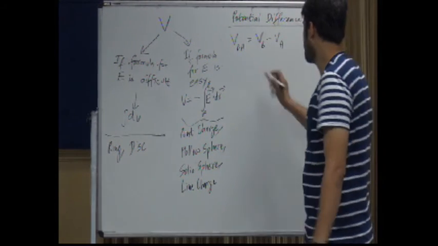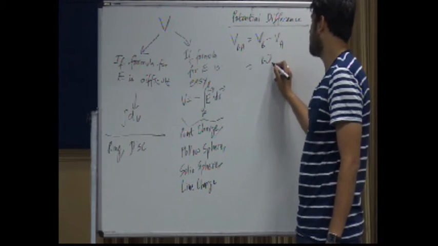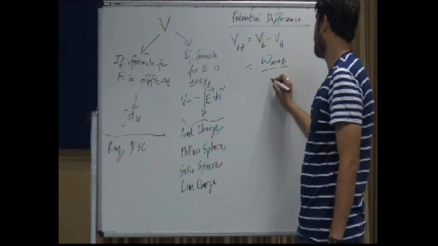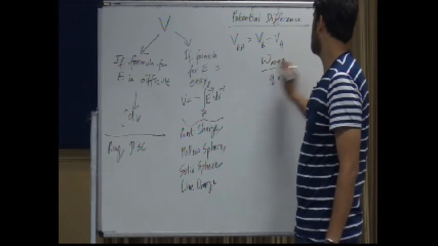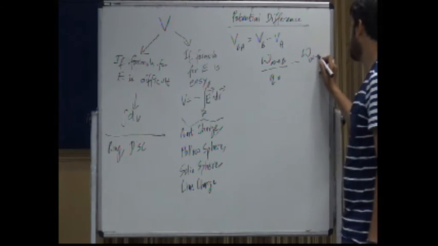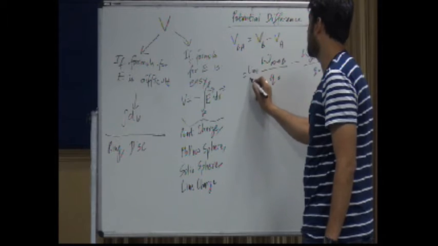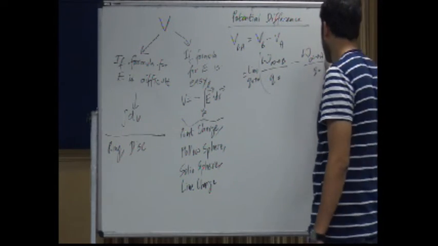If you remember, this is what? Work done from infinity to B upon Q naught minus work done from infinity to A upon Q naught. This is a limit, Q naught tends to 0, applies to both.